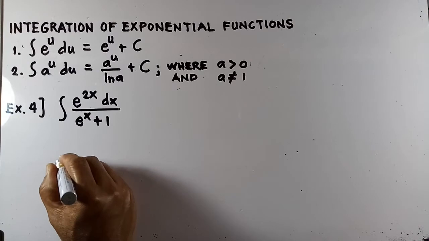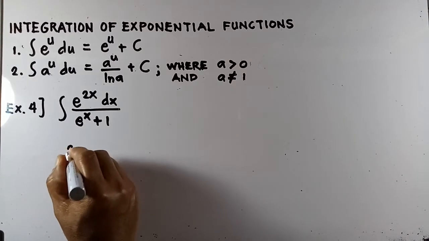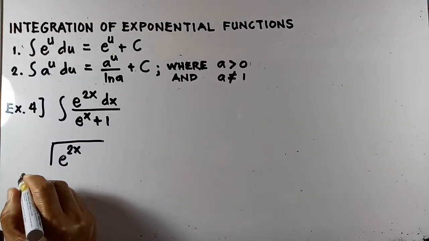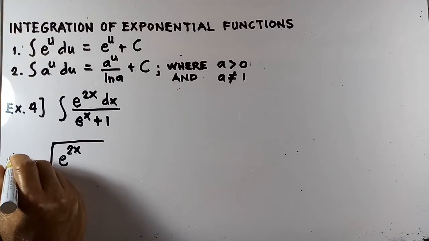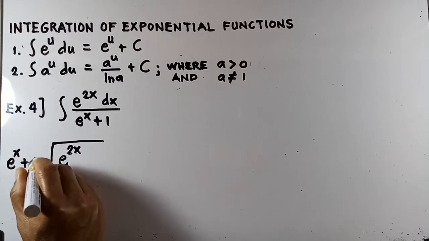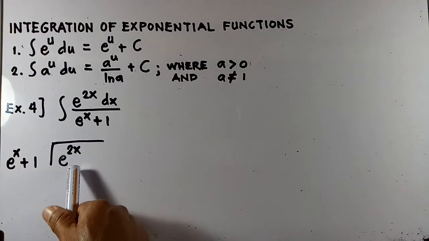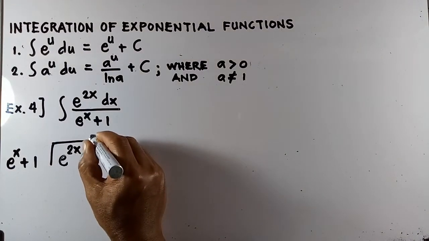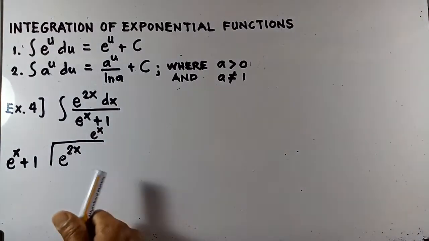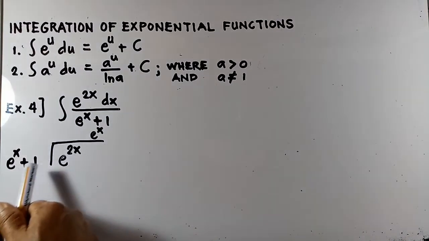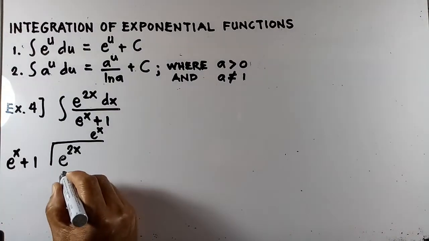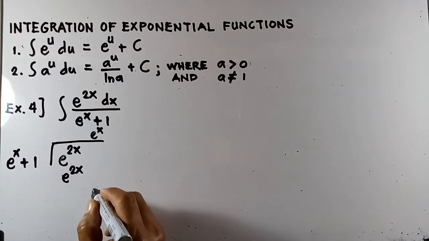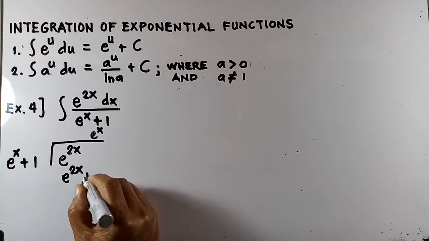So, e raised to 2x divided by e raised to x plus 1. So, e raised to 2x divided by e raised to x equals e raised to x. Tapos multiply natin, e raised to x times e raised to x plus 1 equals e raised to 2x plus e raised to x.